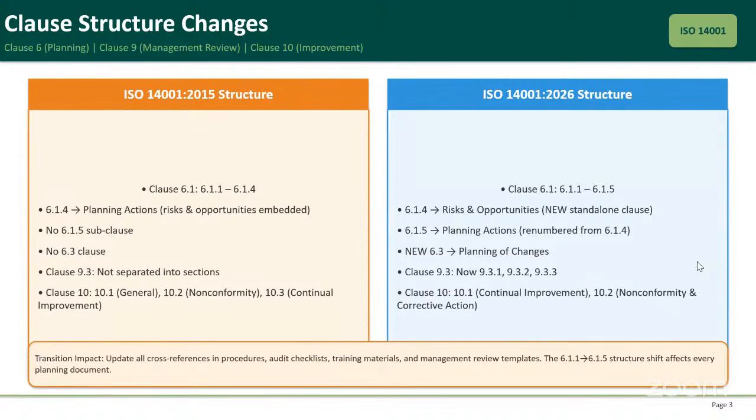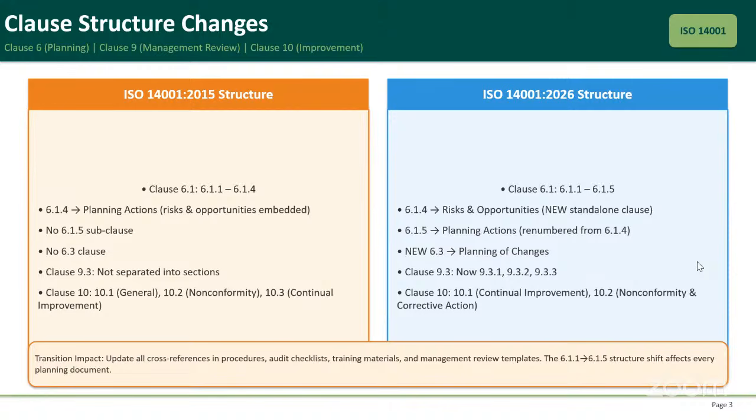In the earlier version of this standard, when you look at it carefully, you will see that it only had 4 subclauses. That is 6.1.1, 6.1.2, 6.1.3, and 6.1.4. The requirement there are still the same. It is just a kind of rearrangement.